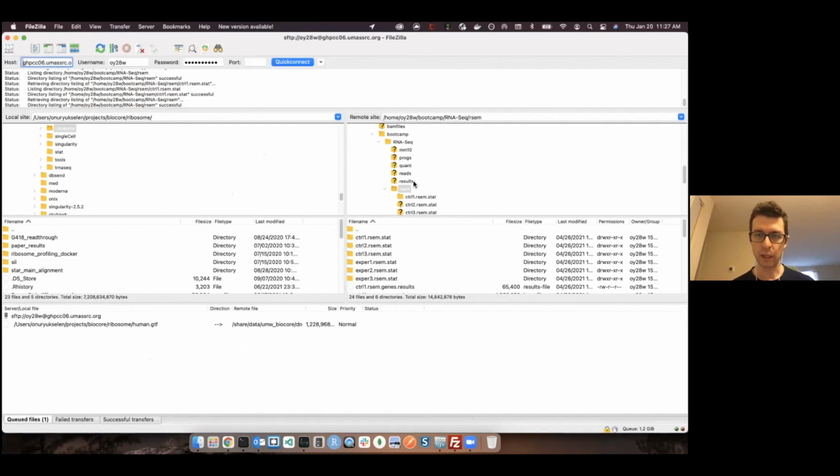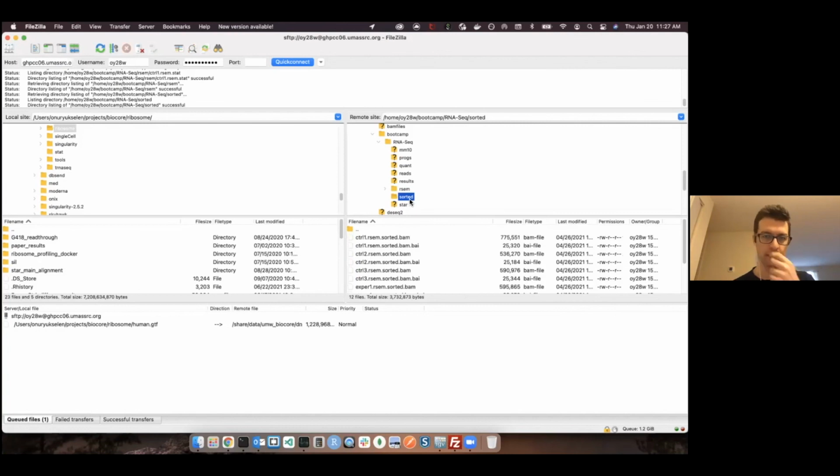So over here for the RSEM, for the STAR alignment, we have this sorted folder. If you just drag and drop this sorted folder to your computer somewhere you can reach, you can easily load to IGV.